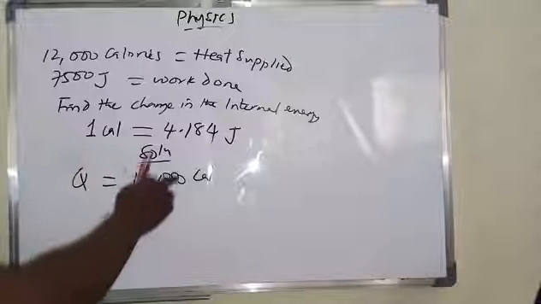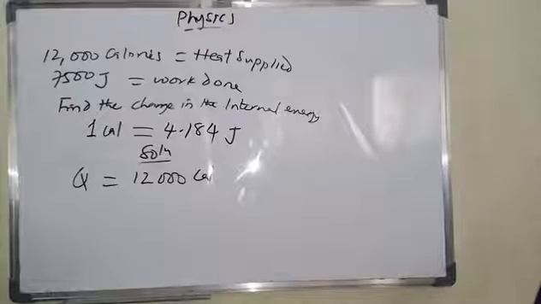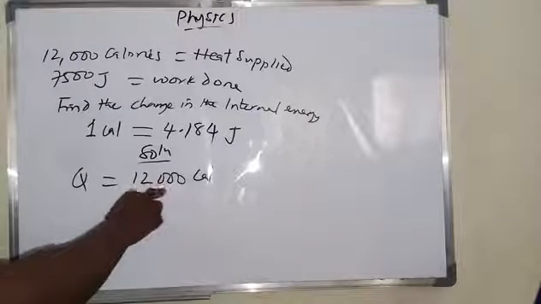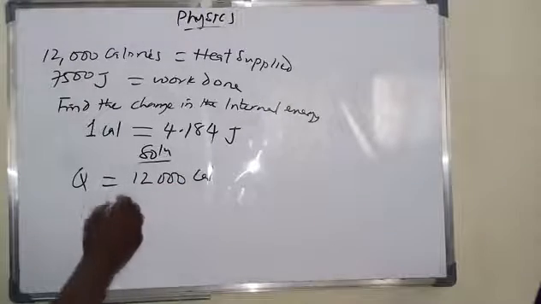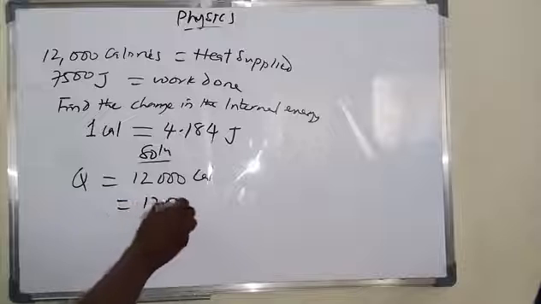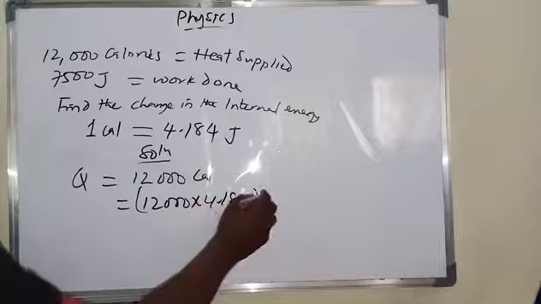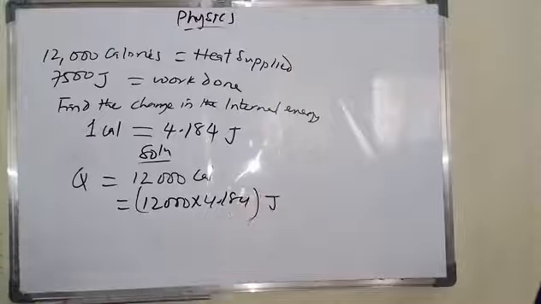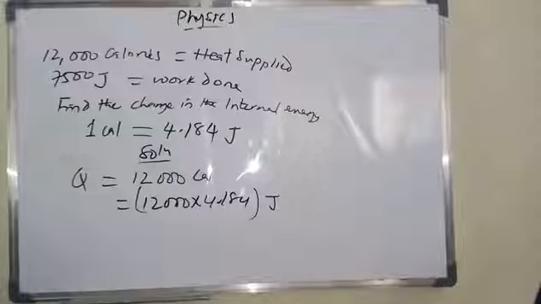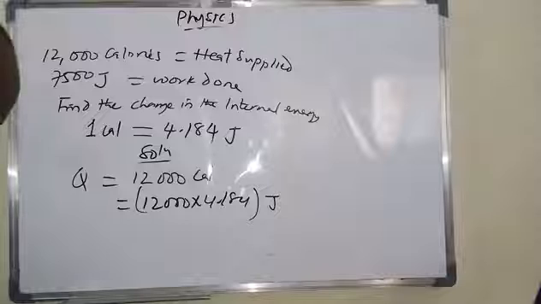Now 1 calorie is 4.184 joules, which means 12,000 calories in joule will be 12,000 times 4.184 joule. So that gives 50,208.